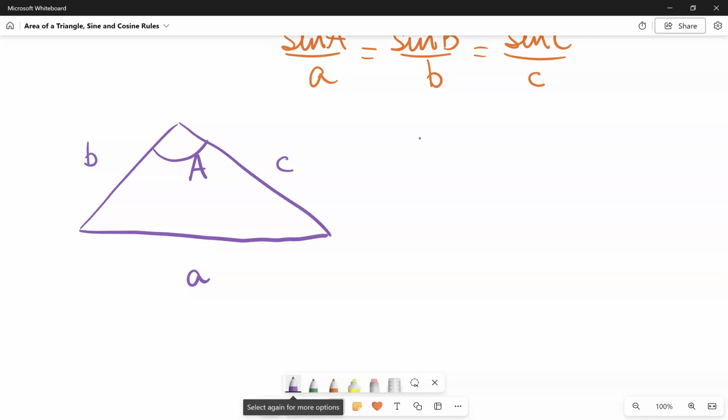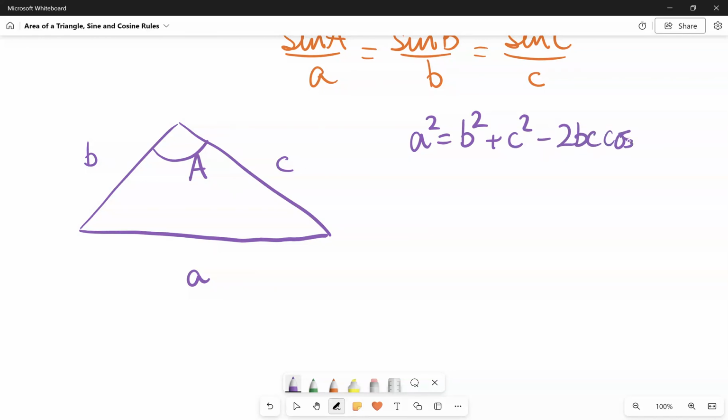The cosine rule, if you remember, is a squared equals b squared plus c squared minus 2bc cosine of A. So we're trying to prove this. How could we show this? Well, the fact it's got a squared, b squared, and c squared should indicate that the Pythagorean theorem might be useful here, because that's a way that we could get some relationships between certain terms.